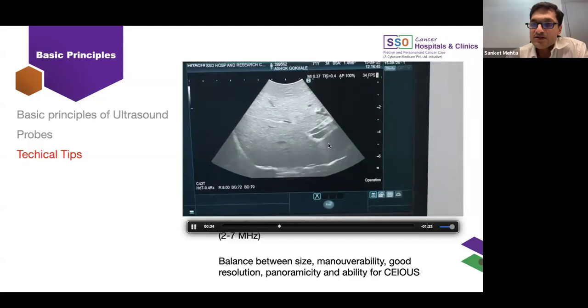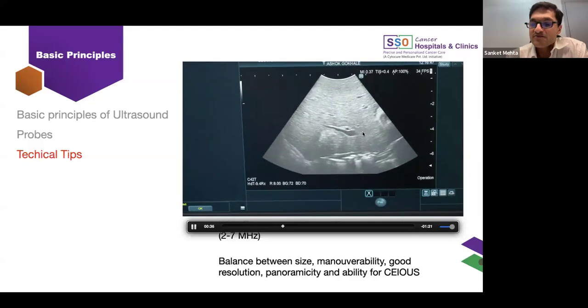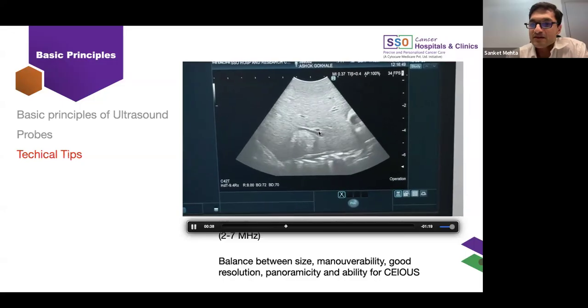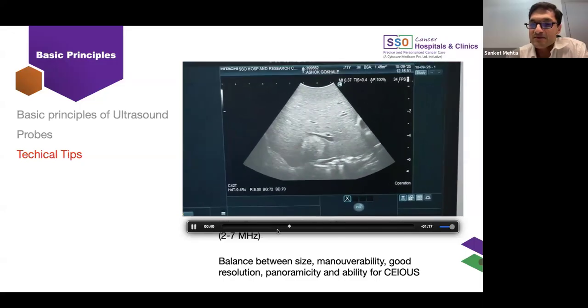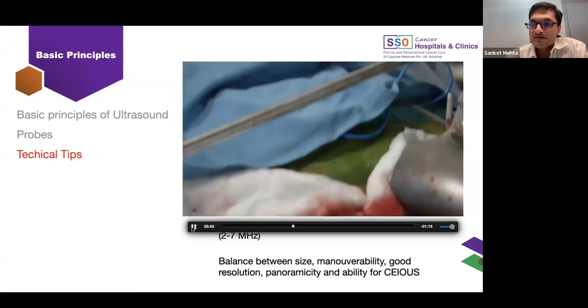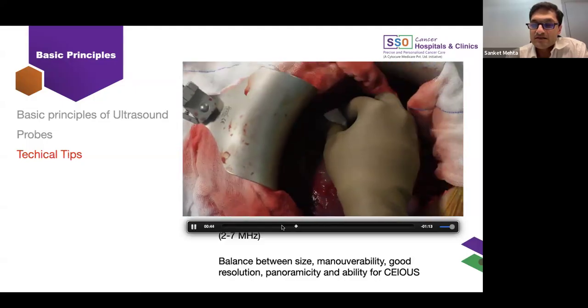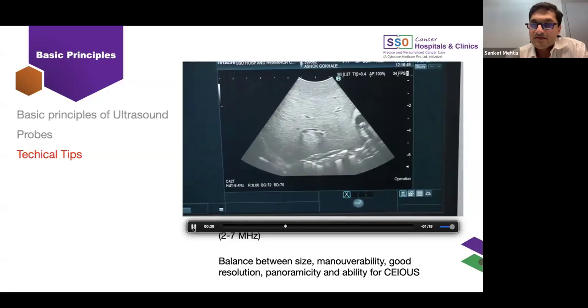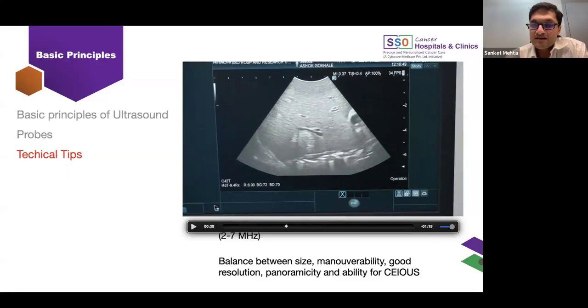If you see this in a cross section, it appears like a Mickey Mouse face. So the artery and the vein. This is a Glissonian pedicle, a thick fibrous layer, artery and portal vein.